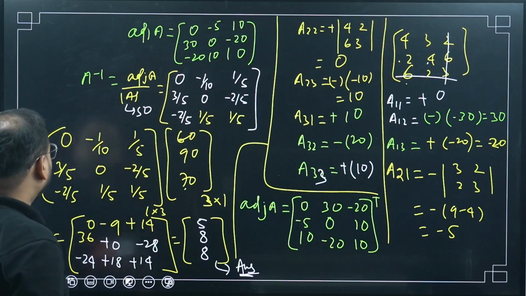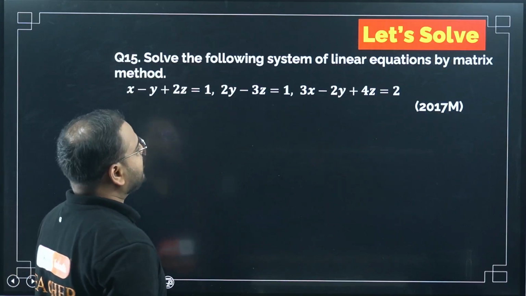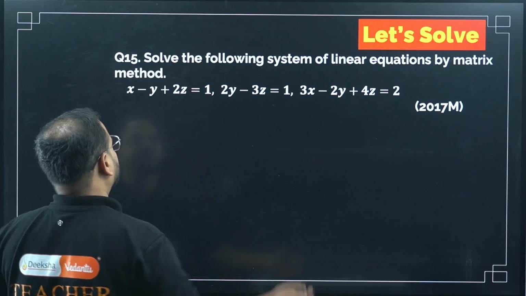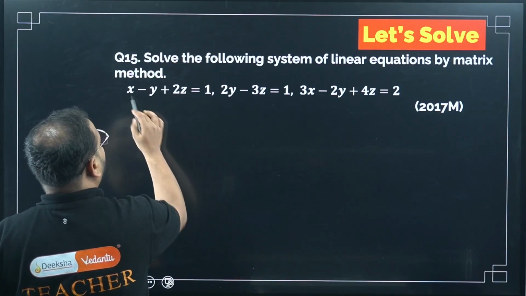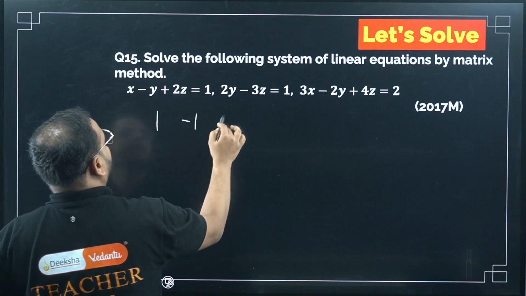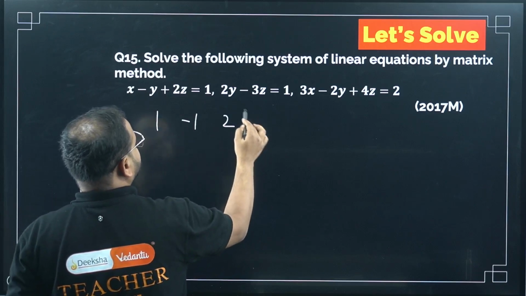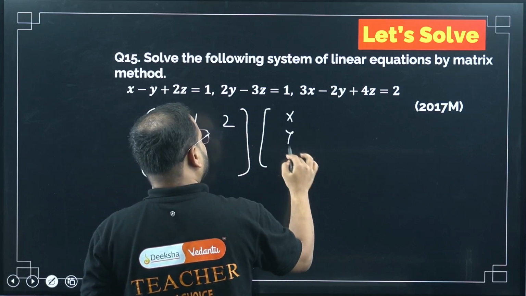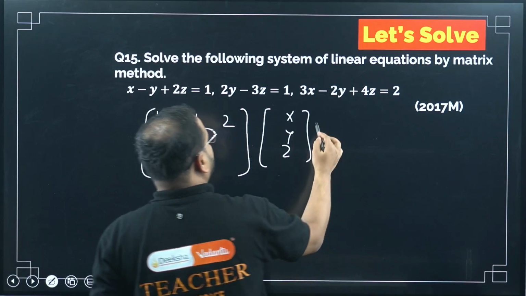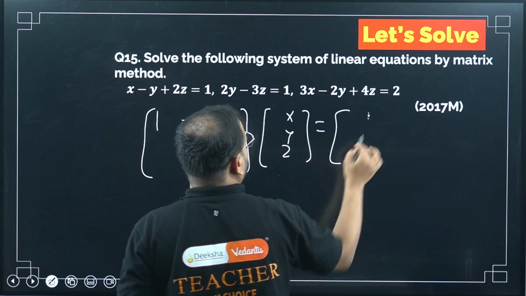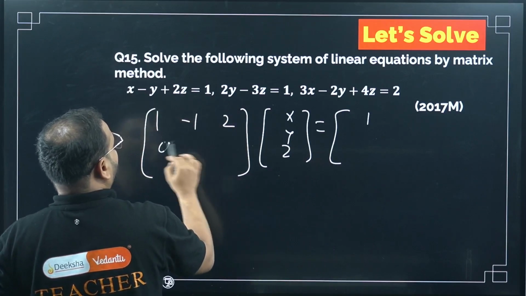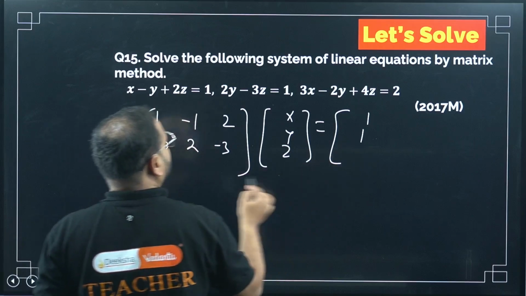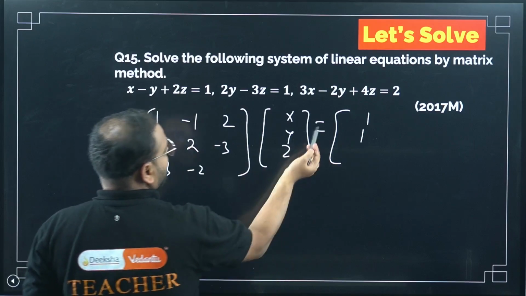Moving on to question number 15. Same approach: I'll write the matrix and you solve it from your side. The matrix is 1, minus 1, 2 times x, y, z equals 1, 0, 2, minus 3, 3, minus 2, plus 4.